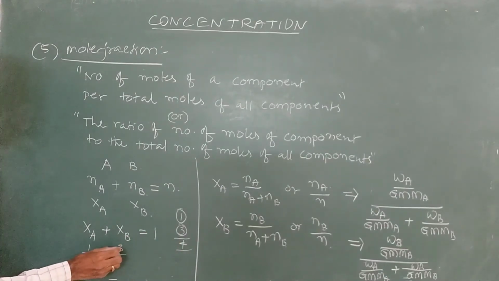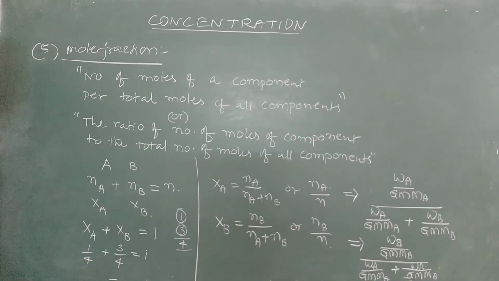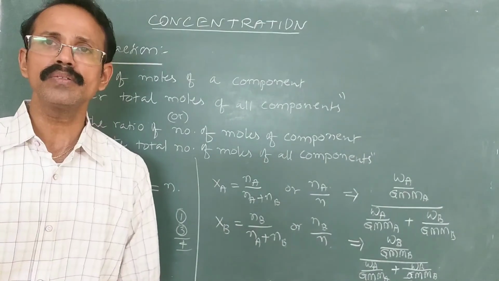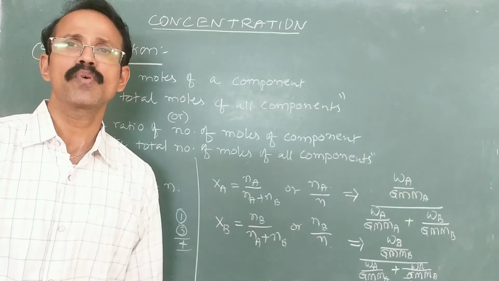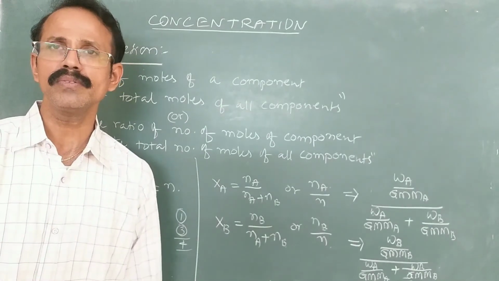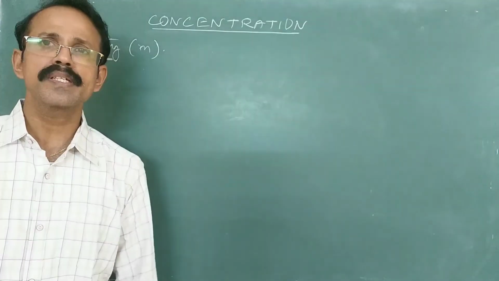Number of moles of B is 3, total moles is 4. Okay, 1 by 4 plus 3 by 4, so that is equal to 1. So like this, the sum of the mole fractions will be equal to 1. Even if you take 3 components or 4 components, the sum of the mole fractions will again be equal to unity.